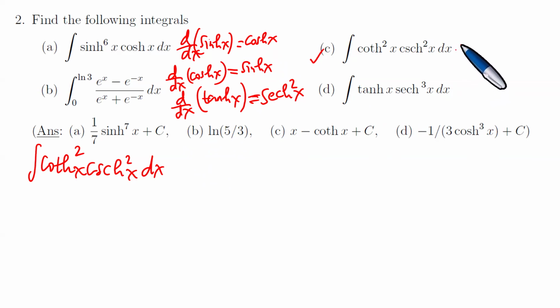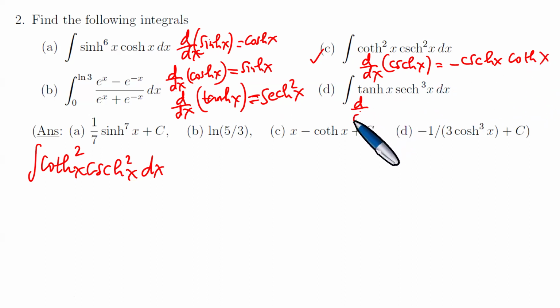Then the derivative of the hyperbolic cosecant of x is minus the cosech of x, the coth of x.